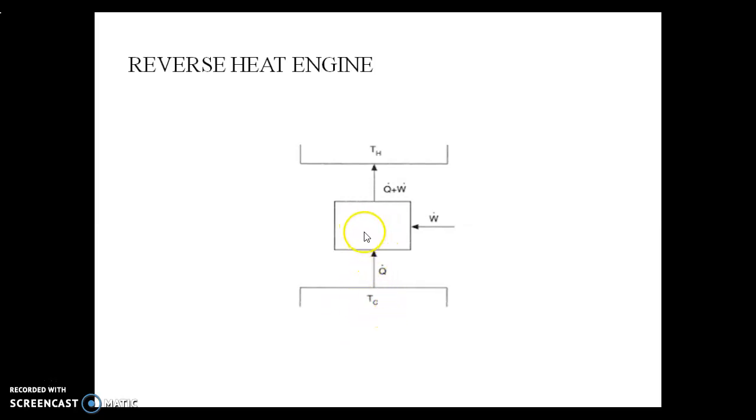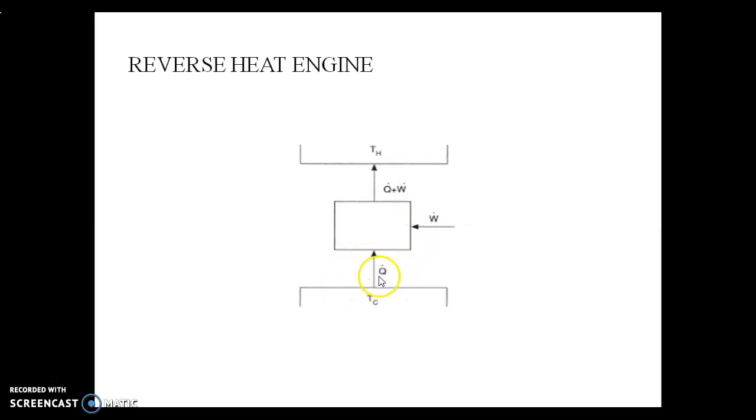So in the refrigerator system, we supply additional power to the refrigerating unit, and this refrigerating unit transfers the heat from the low temperature reservoir to the high temperature reservoir. So this is the reversed heat engine.